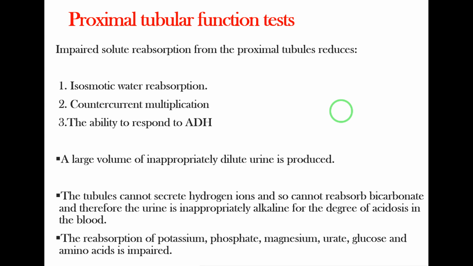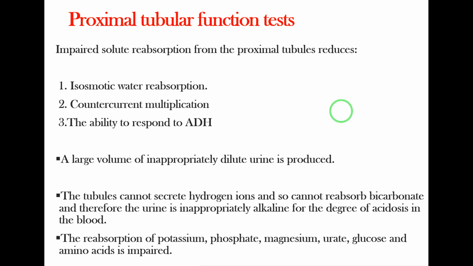It means that the active solute reabsorption from the filtrate is accompanied by a passive reabsorption of an equivalent amount of water. So the active reabsorption of solutes, for example glucose, amino acids, and others, is accompanied by passive reabsorption of an equivalent amount of water.